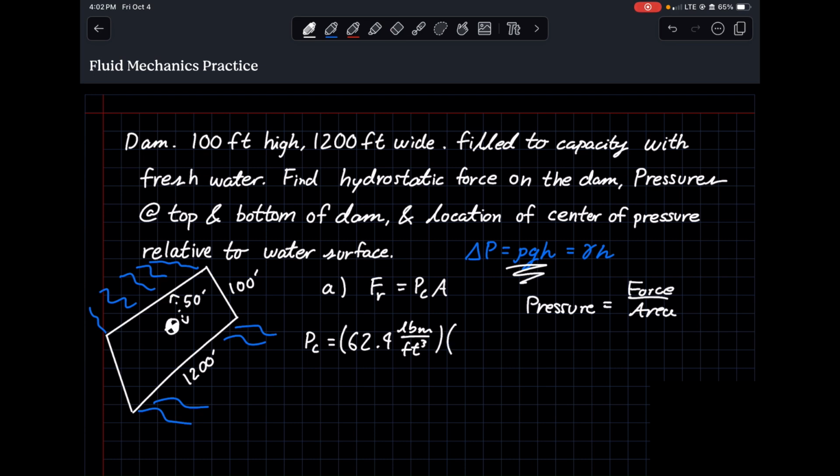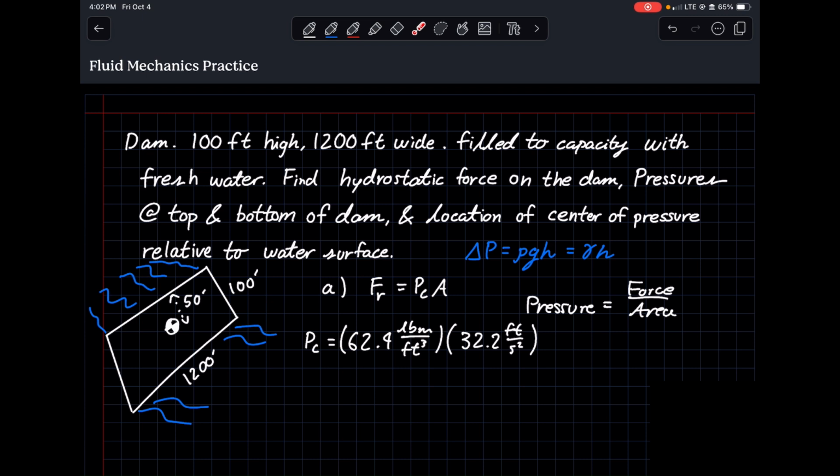We multiply that by gravity, which you have to remember is 32.2 feet per second squared in the English system. Before I move on to our height, which we already know is 50, we've already covered that right over here.